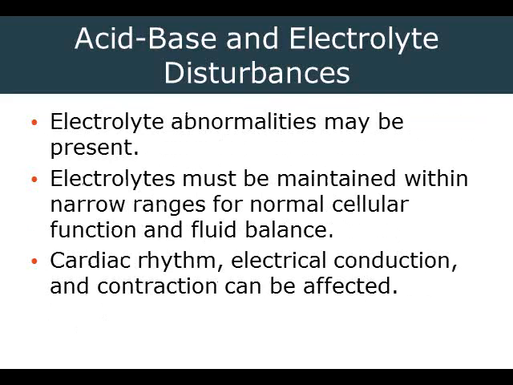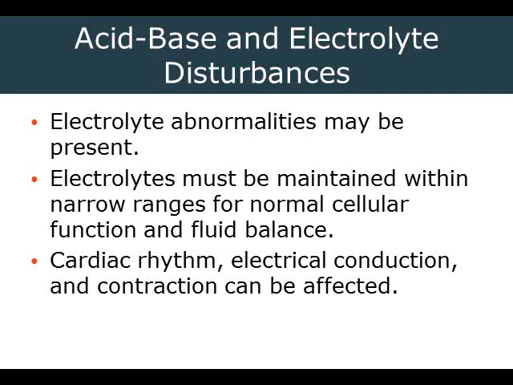We may also have electrolyte abnormalities, and as we're talking about electrolyte abnormalities, we're talking mostly the things like sodiums, chlorides, magnesiums, potassiums. Those are the major ones. Of course, phosphates, we mentioned calcium.